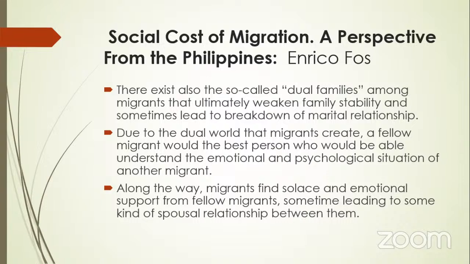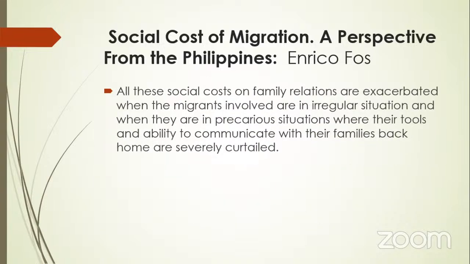All these social costs and family relation problems are exacerbated when the migrants involved are in an irregular situation and in a precarious position. And we have seen today that a lot of labor migration happens on an irregular basis. It's a very difficult situation.